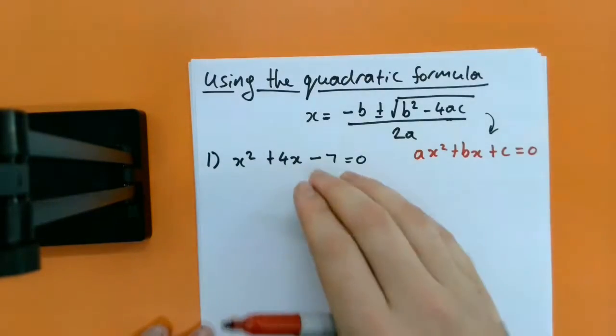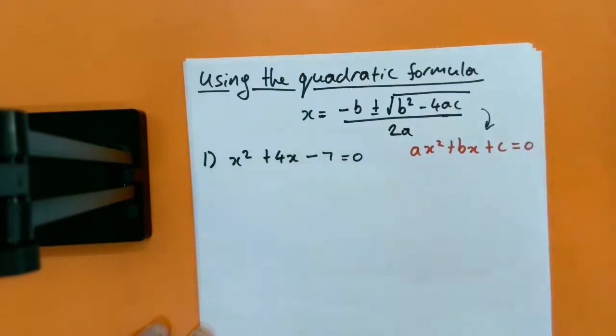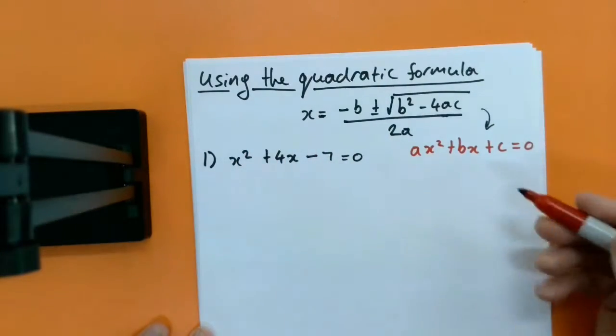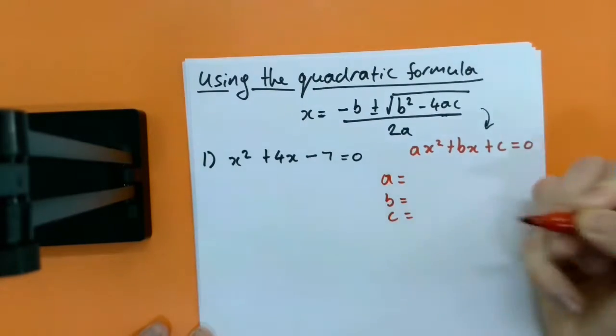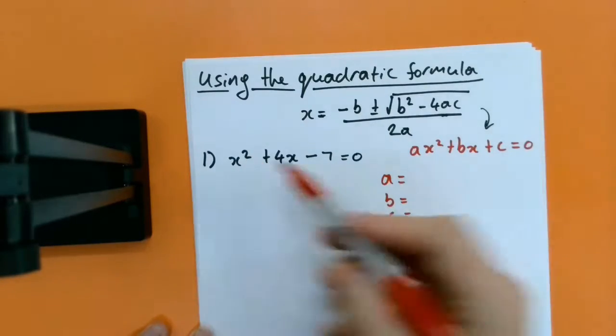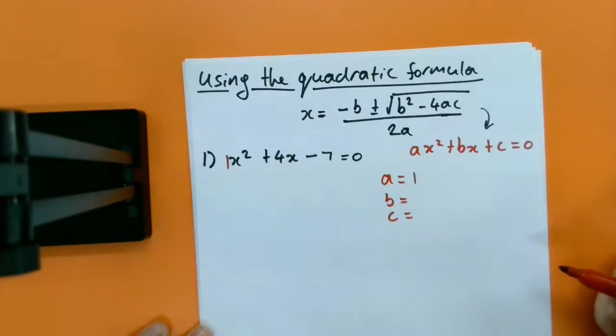The first thing that I want you to notice is that everything is on the left-hand side of the equal sign. We don't have anything over here. It's all equal to 0. That means that straight away we can identify the coefficients of each of our terms: a, b, and c. A is the coefficient of the x squared term, and that is equal to 1. We tend not to write it, but it is equal to 1 there.